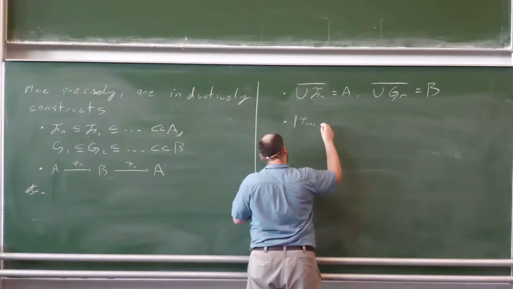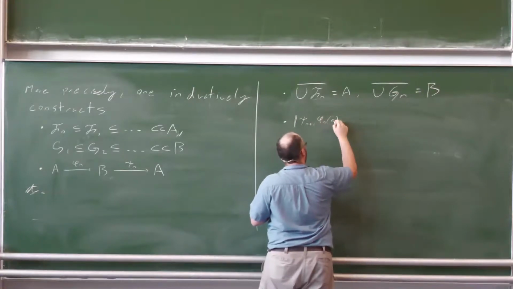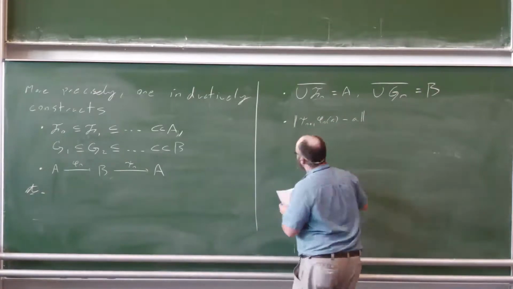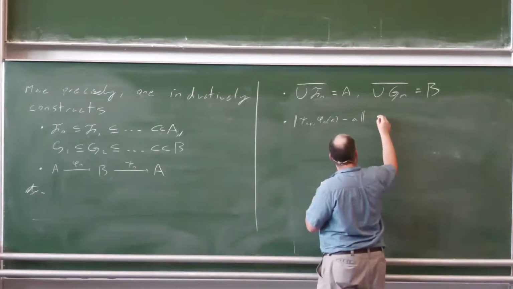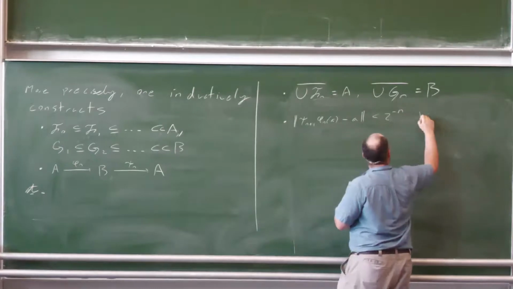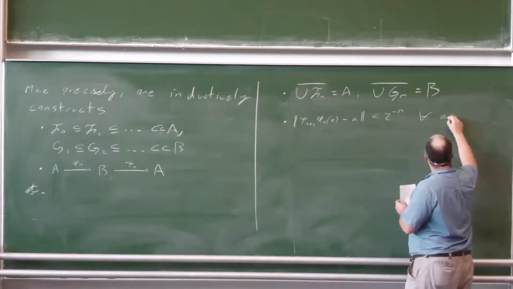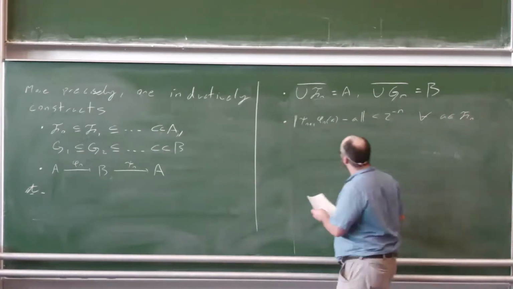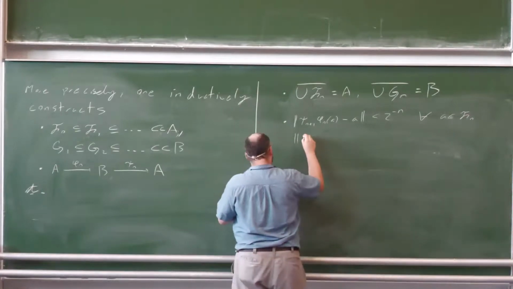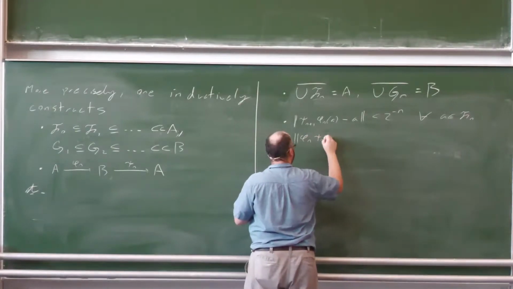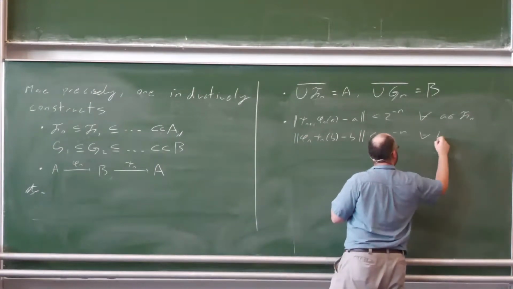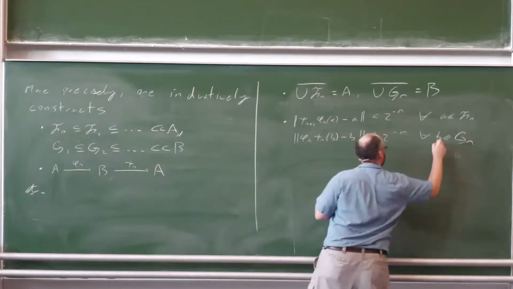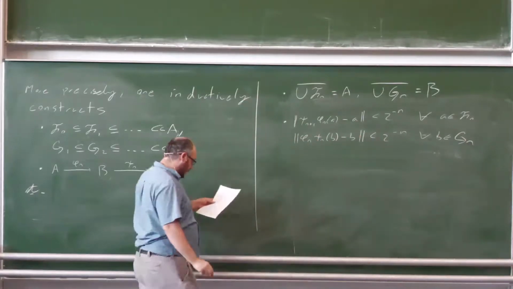Psi n plus 1 phi n of a. So psi n plus 1 is almost an inverse to phi n, say less than 2 to the minus n for all a in Fn, and symmetrically with a degree shift for all b in Gn.